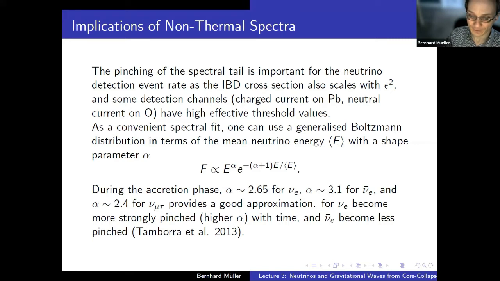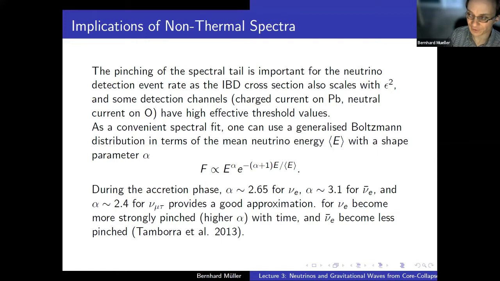So modern neutrino transport codes can give you direct predictions of the spectrum, but for analytic modeling, or if you just have reduced data in hand, as someone who wants to work out possibilities, you might want to represent the neutrino spectra with simple fits.